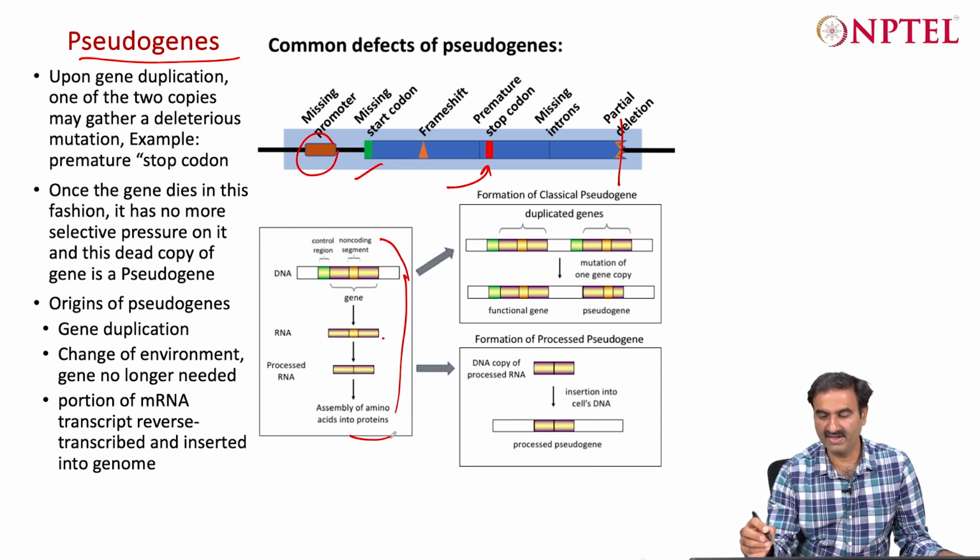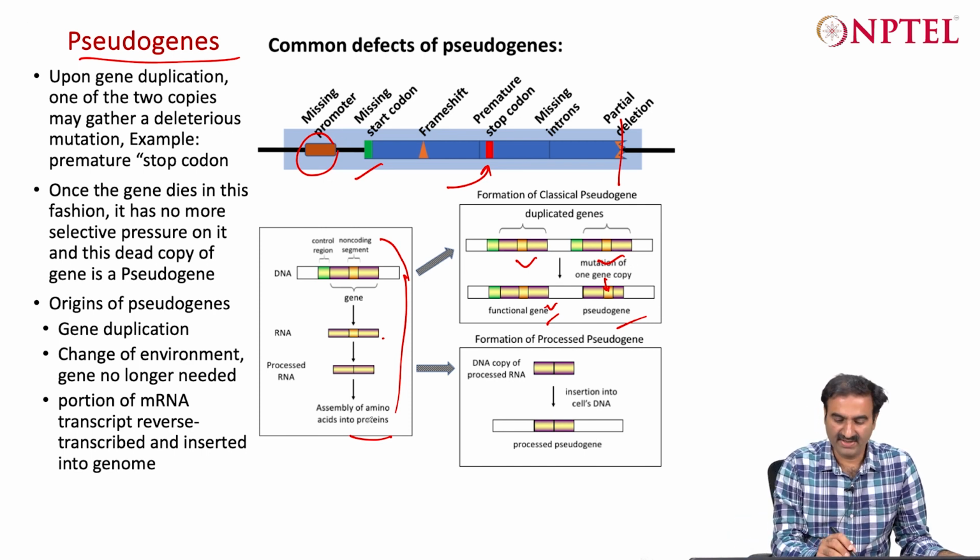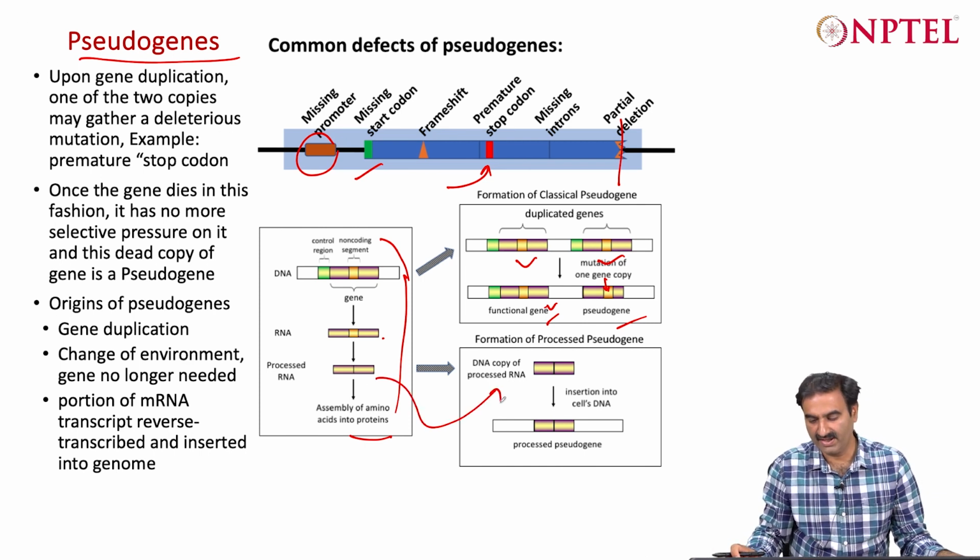But what can happen, as in the case we discussed in the previous slide, is that with duplicated genes, two copies of the same gene, one copy remains functional and the other copy gets a mutation. So you now have a functional gene and a pseudogene, which has lost its function because of some random mutation. Or sometimes the RNA which is made goes back and inserts into the DNA, forming a processed pseudogene.